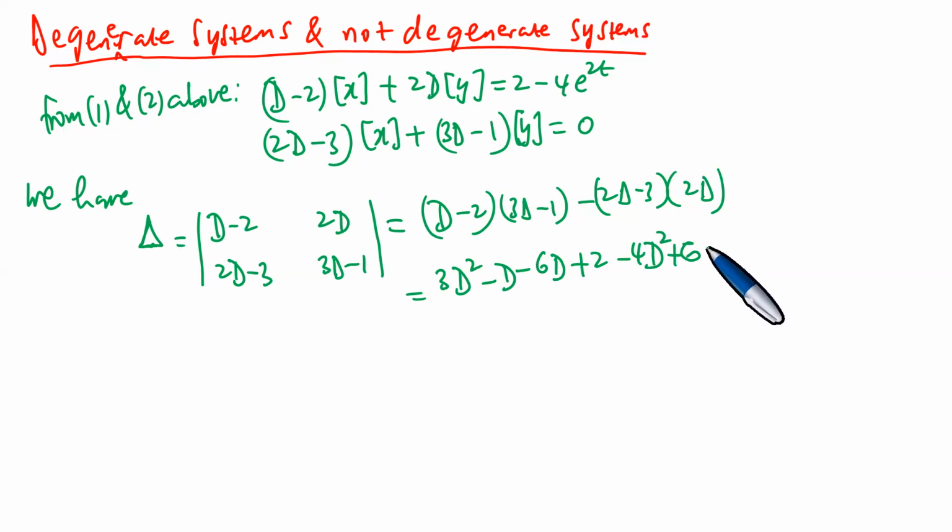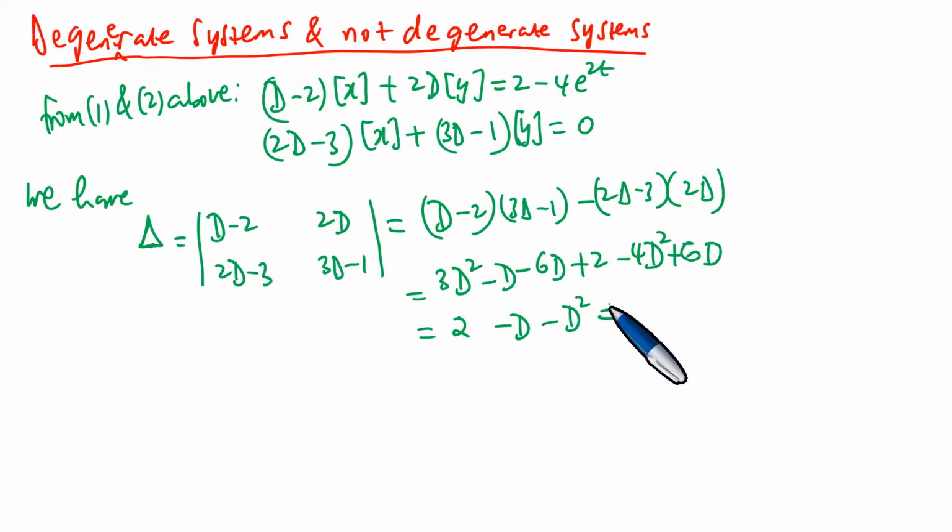At this point, we can start with the 2, it doesn't really matter, and then we come to the D terms. It's only going to be minus D because the minus 6D and the 6D go away. Then we have 3D squared minus 4D squared, which is minus D squared.